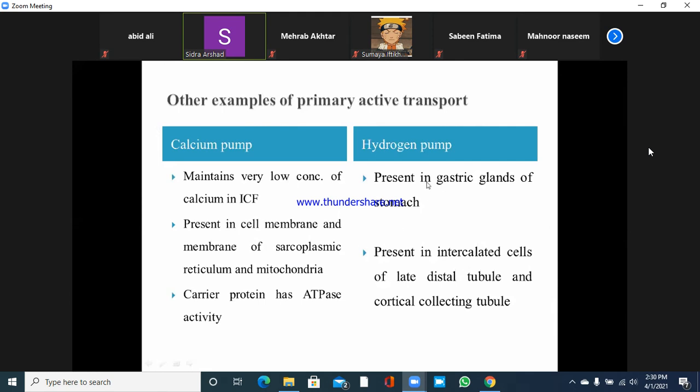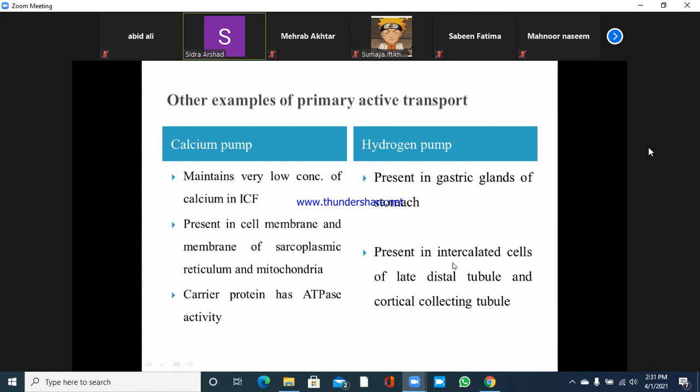And there are also hydrogen pumps in the body. They are present in the gastric glands of the stomach, obviously, this is where the HCl is synthesized, and in the intercalated cells of the distal tubule and cortical collecting tubule. These are the tubules of the nephron present in the kidney, and over there, in these intercalated cells, this hydrogen pump is present, and it is basically pumping hydrogen ions out of the body, into the filtrate or into the tubule, so that the body can get rid of excess hydrogen ions.